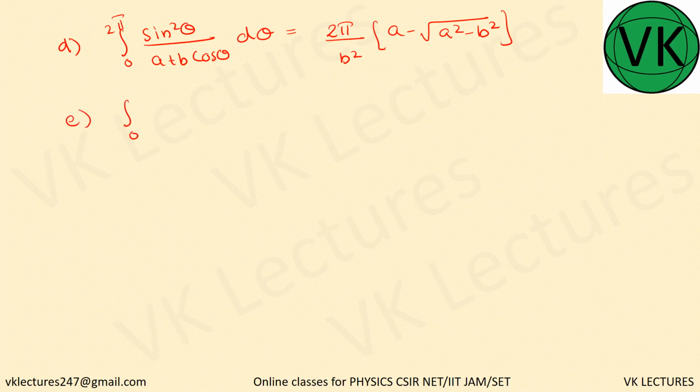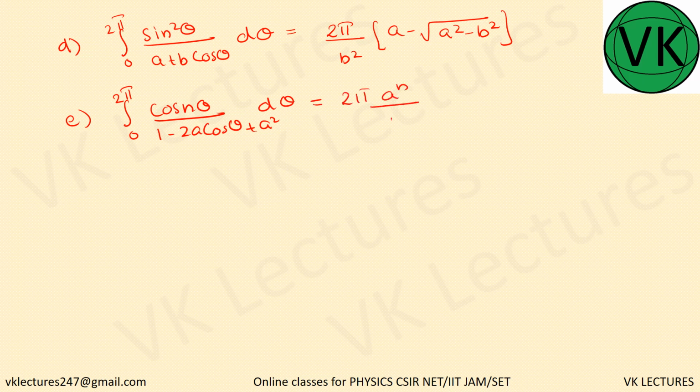Next formula, integral 0 to 2 pi cos n theta divided by 1 minus 2a cos theta plus a square d theta, that is equal to 2 pi a raised to n divided by 1 minus a square.